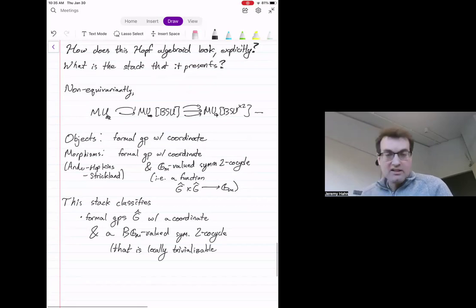That's just a formal thing about how one might define a BG_m valued symmetric 2-cocycle. The morphisms are giving you a G_m valued symmetric 2-cocycle. So somehow there's a map from the formal group cross itself to BG_m. So there's some kind of canonical line bundle from G hat cross G hat to BG_m. But locally, that's going to be a trivializable line bundle. But globally, somehow, you're going to see a G_m valued symmetric 2-cocycle controlling things.